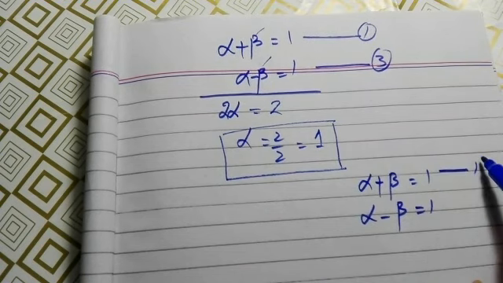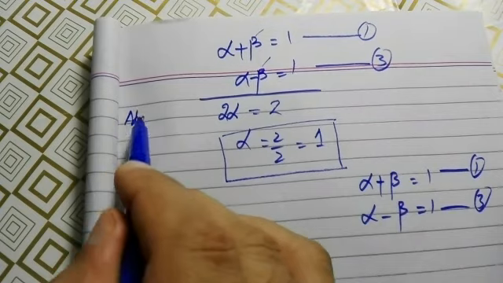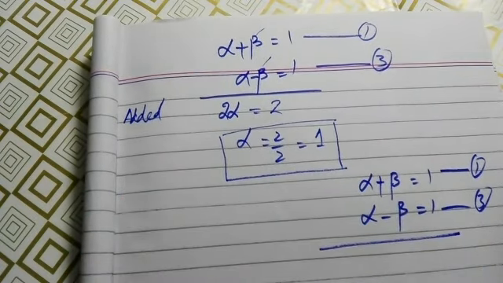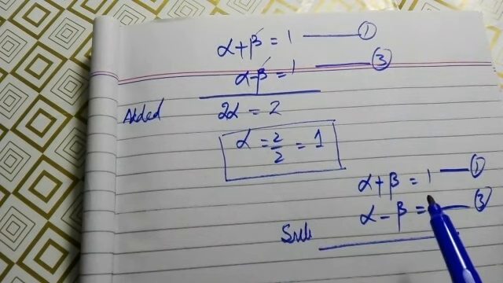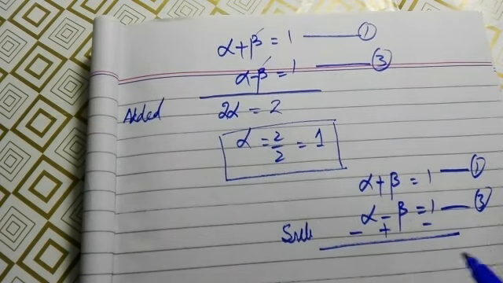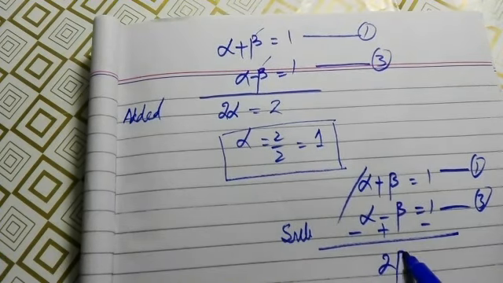Again, same equations. In the first part I have added, and now I'm going to subtract it. So subtraction is done by changing the signs. So you will change the signs like this one. In this case, alphas will be cancelled. It will become 2 beta equals to 1 minus 1, 0. So beta will become equals to 0.